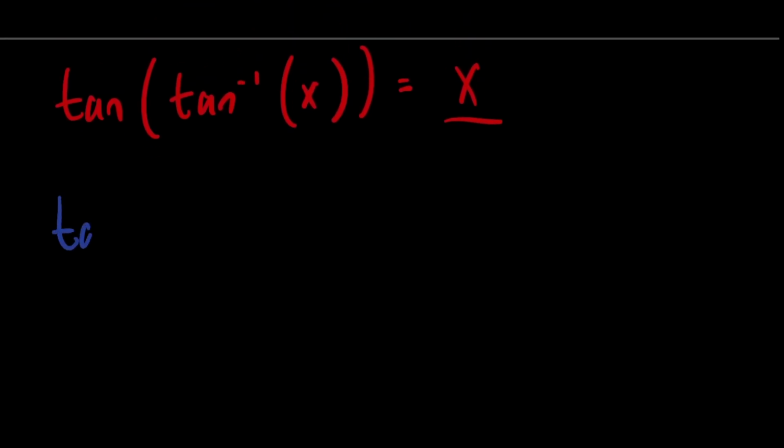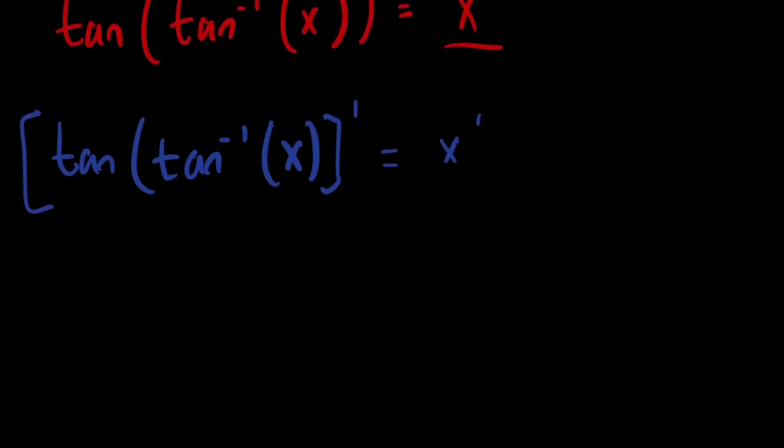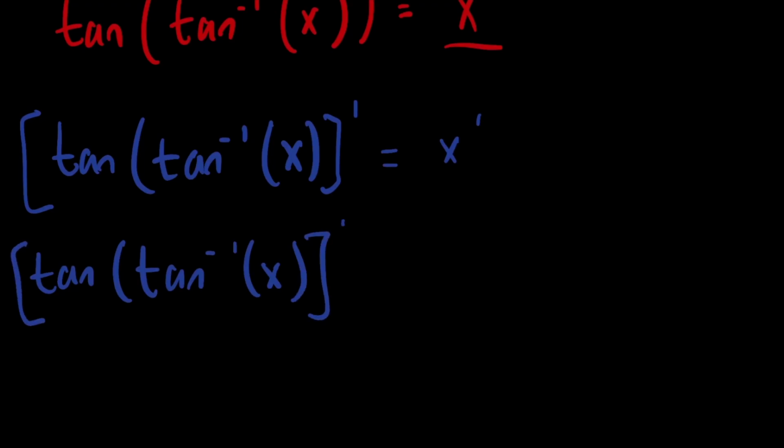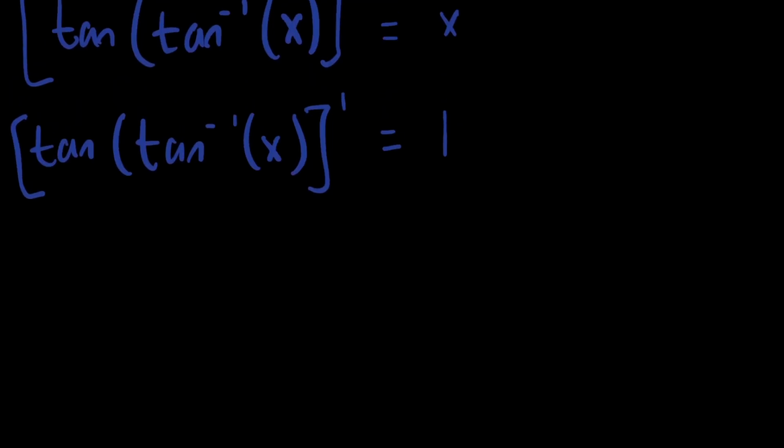Then we can say, same thing as last time, tangent of inverse tangent of x derived is equal to x derived. Tangent of inverse tangent of x derived is equal to 1. Then we're just going to use chain rule again. So we take our f of x and differentiate it, which we know is secant squared of tangent inverse of x.